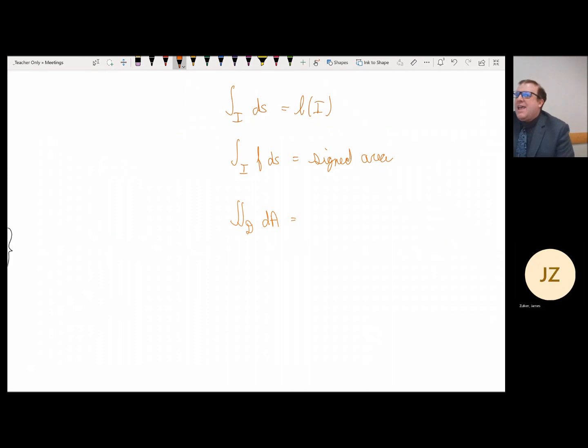Double integrals became an area differential. If you just integrate over some domain D, it gives you the area of the region.